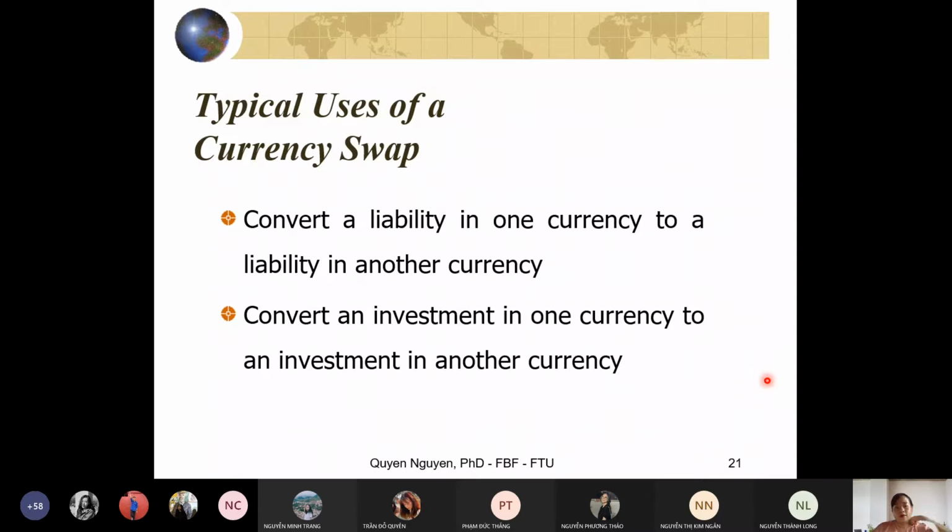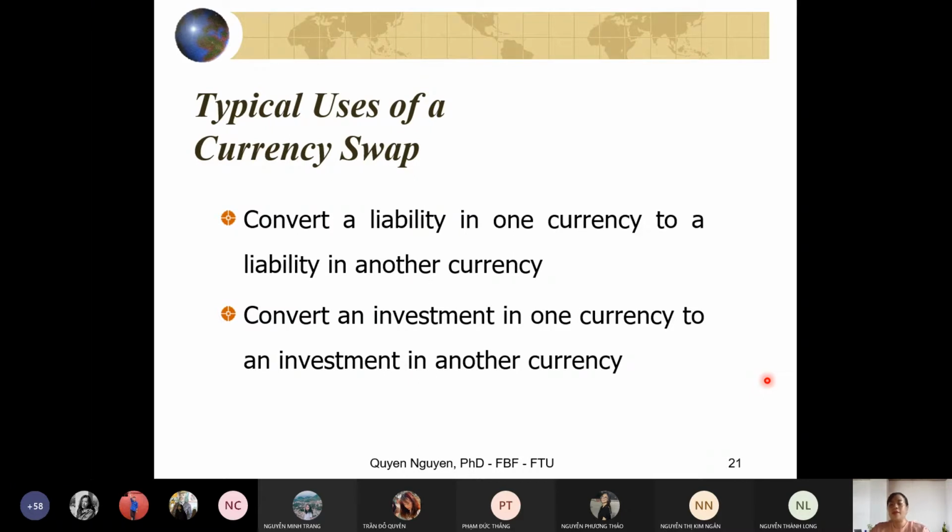The typical use of the currency swap would be something similar to the interest rate swap, in the way that we would convert a liability in one currency into a liability of another currency, or convert an investment where you receive one currency and you want to convert into another currency.